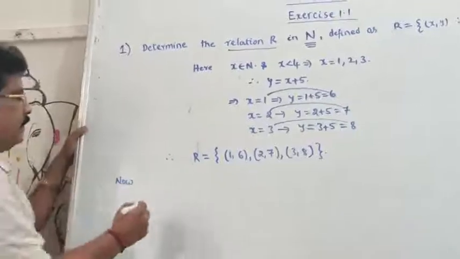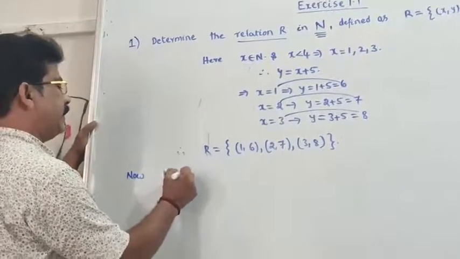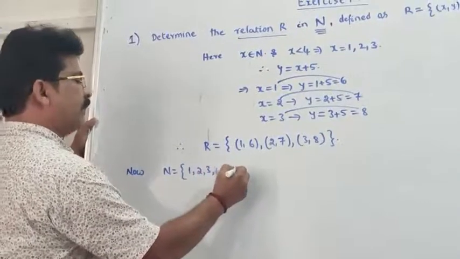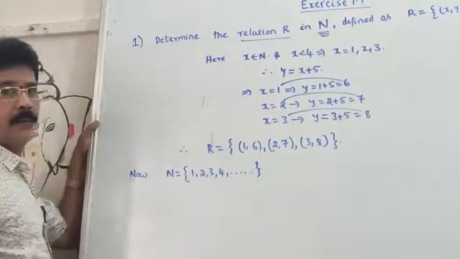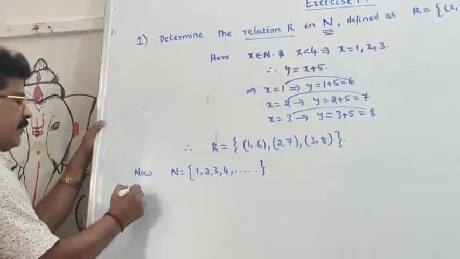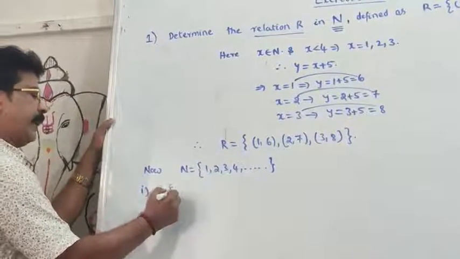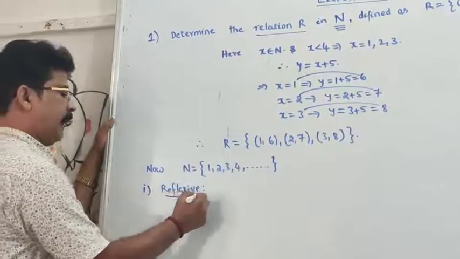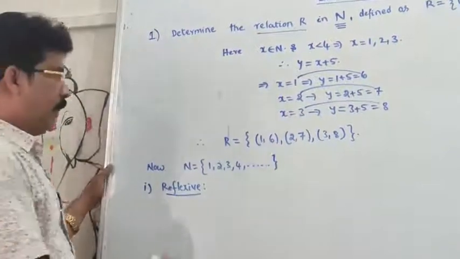Now the main set capital N is equal to the set of natural numbers 1, 2, 3 and so on. Number 1, reflexive property. Verification for reflexive.